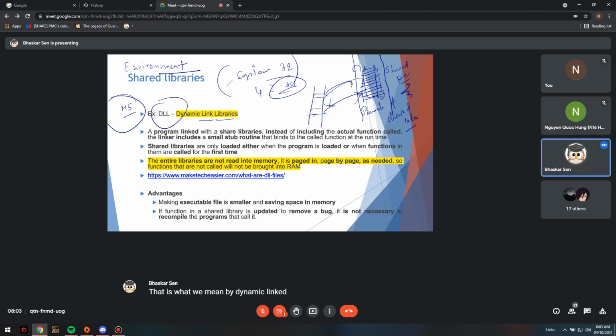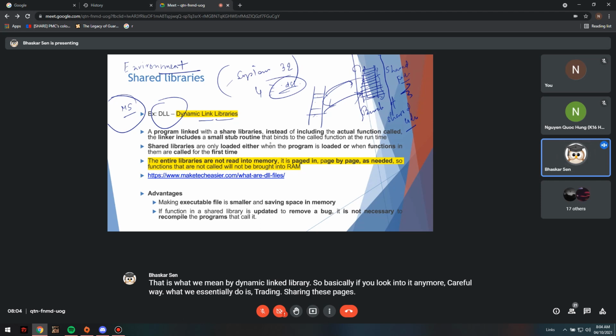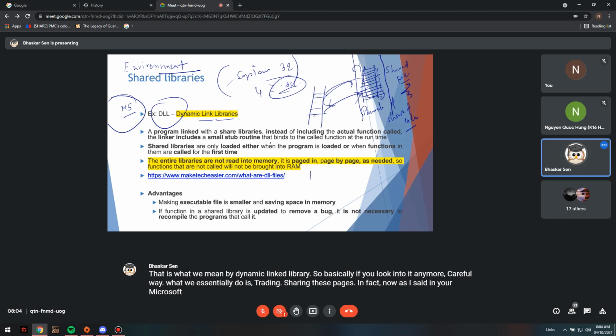So basically, if you look into it in a more careful way, what we essentially do is creating, sharing these pages. In fact, now, as I said, in your Microsoft environment, if you look at it, you will see how much of the shared codes they're using.